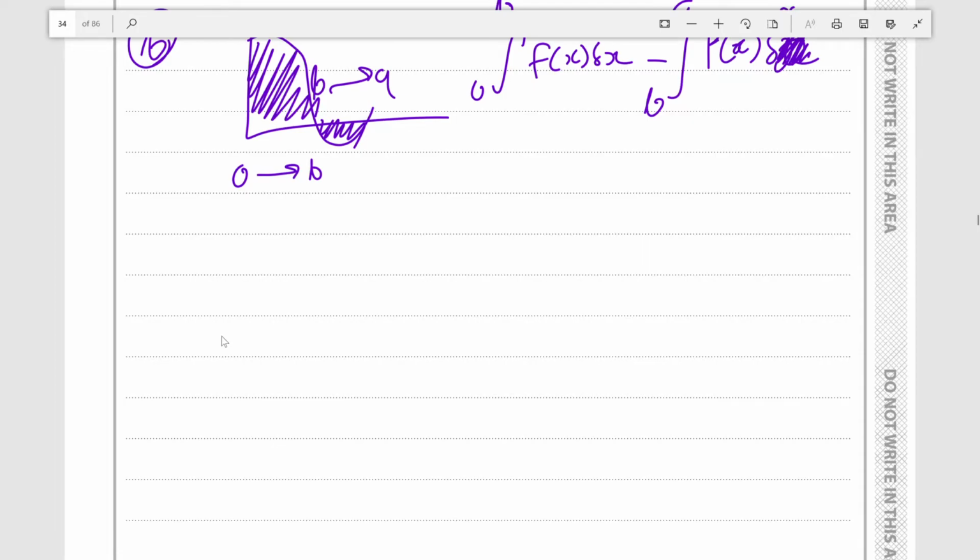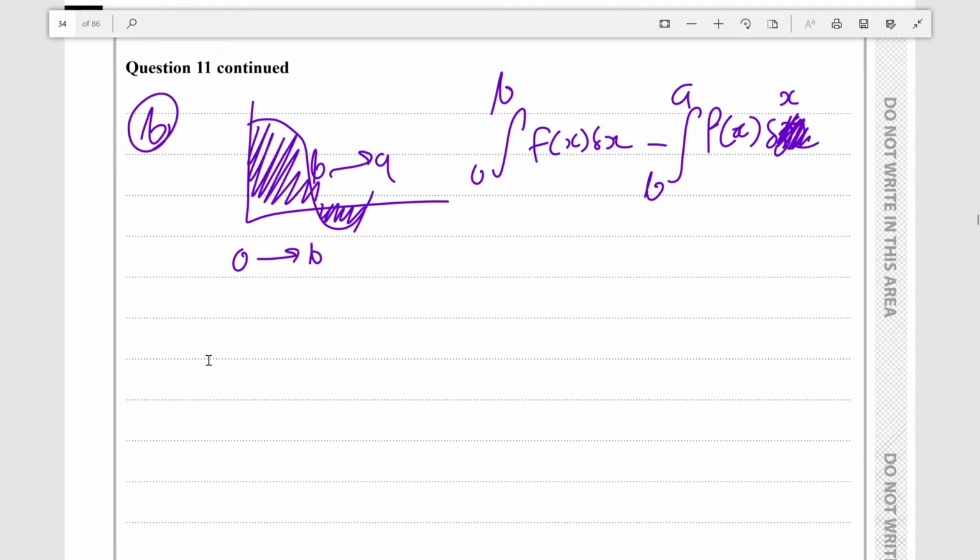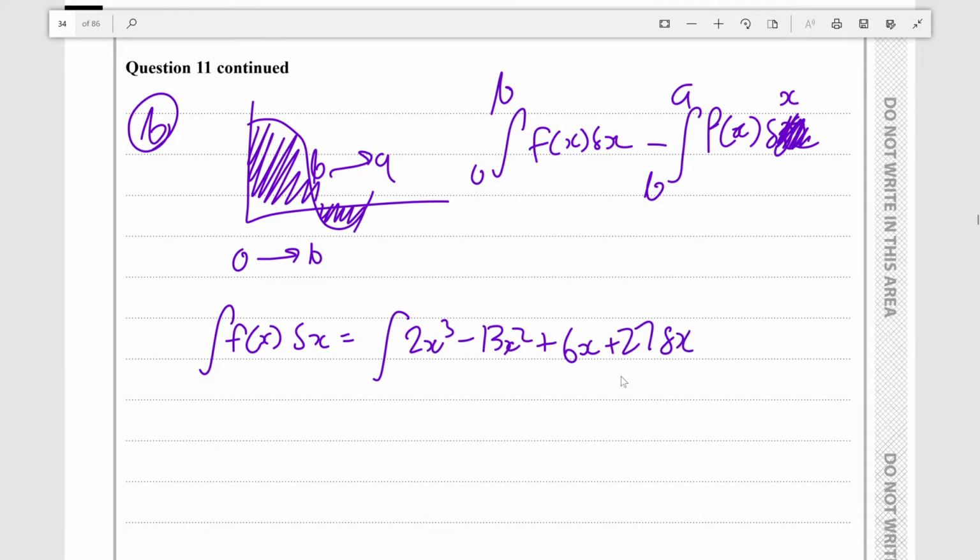Alright, so let's get down to business. Firstly, if we just want to integrate f(x) quickly, this would be equal to the integral of 2x cubed minus 13x squared plus 6x plus 27 dx.